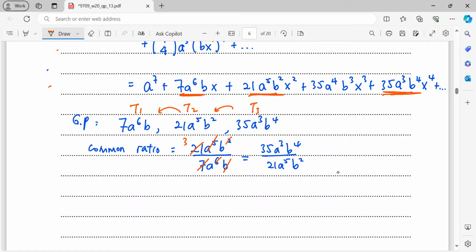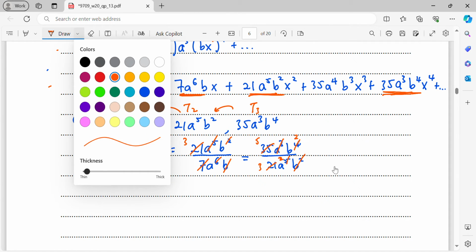Same goes to the right side. b^2 and b^4 left b^2. Then a^3 over a^5 leaves a^2. And for the 35 and 21, I can simplify it by dividing by 7. So here will be 5 and this is 3.